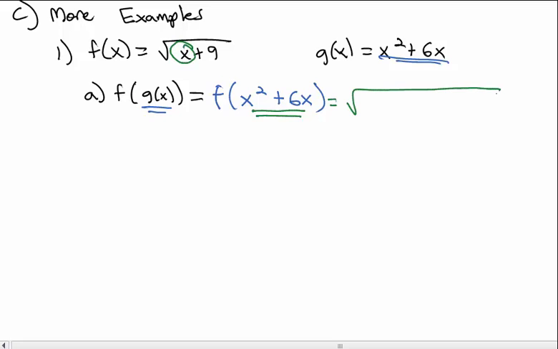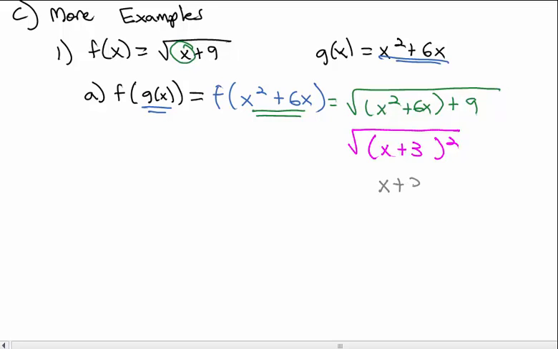Into the square root of stuff plus 9. And that stuff is x squared plus 6x. Notice we see the g inside the bigger function. Now in terms of simplifying, you might notice what's under that square root can factor. That is x plus 3 squared. And we have the square root of a square, so this comes out to be x plus 3.